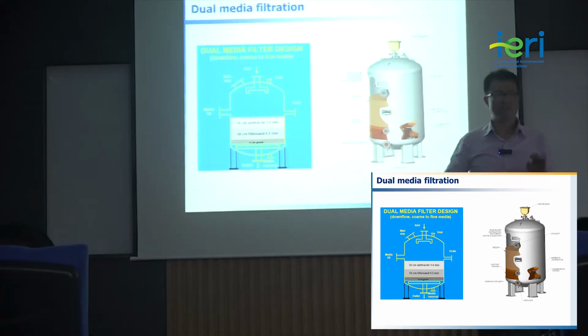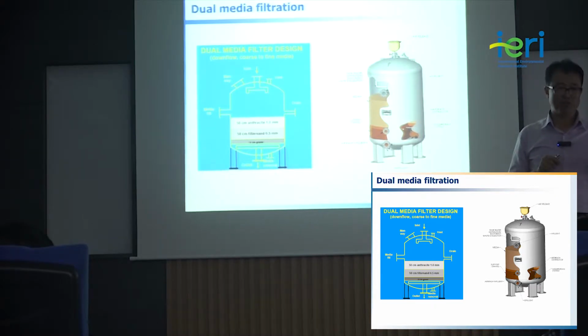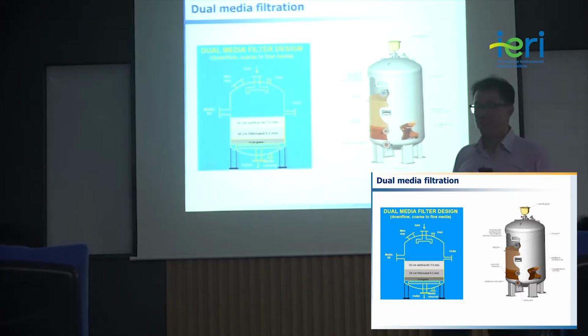So there is no absolute period for backwash. It's up to the water quality. Usually the backwash is operated automatically, but sometimes the operator can do it manually. And the usual period, as I said earlier, is once a day or once every other day.